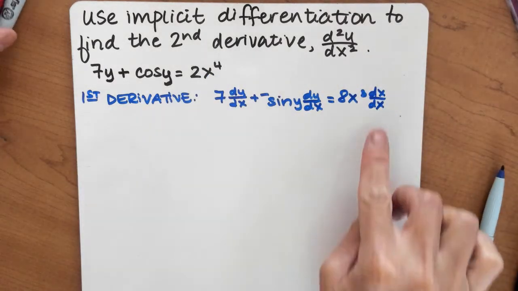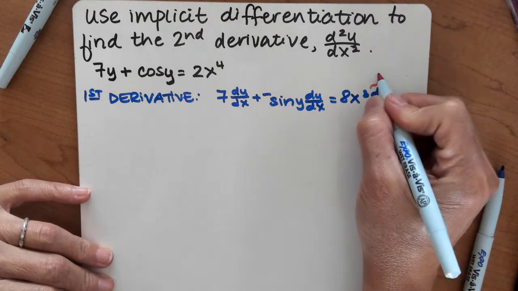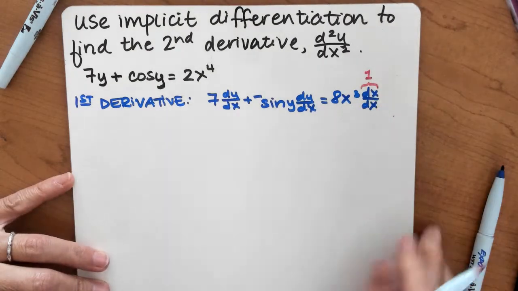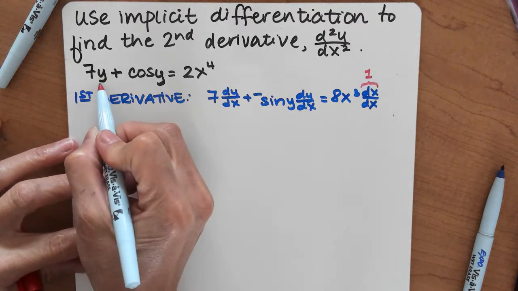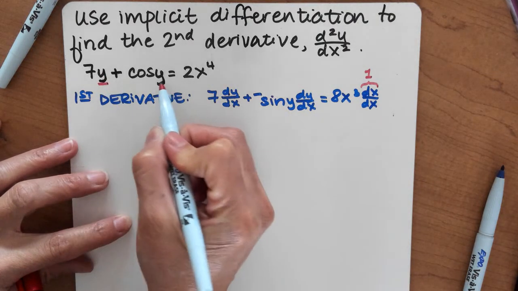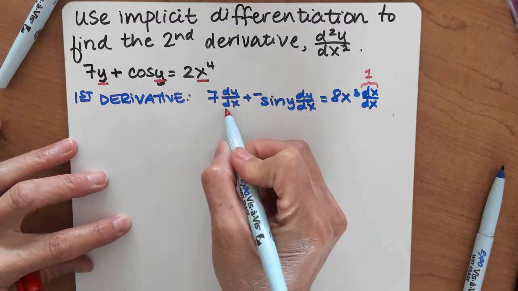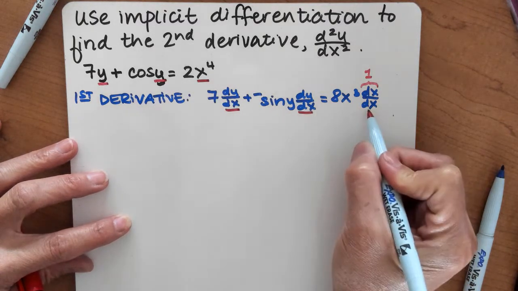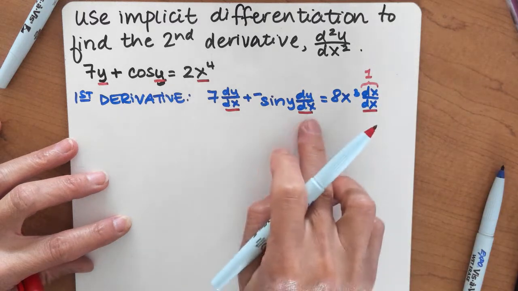Now, I know that this is going to equal 1, and you don't really need to write it, but the reason I write it there is to remind you that every single time you have a variable, I have a y, I have a y, I have an x, you are going to take the derivative of that variable, because it's really common for people to forget the dy/dx.